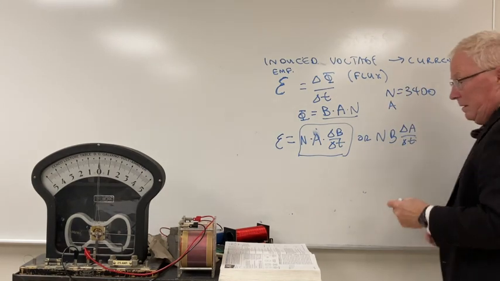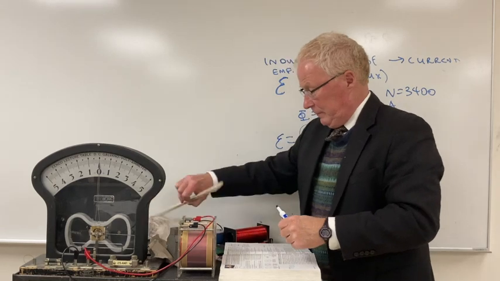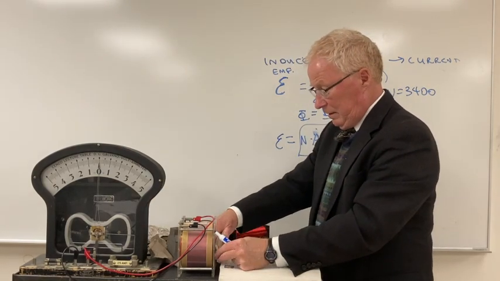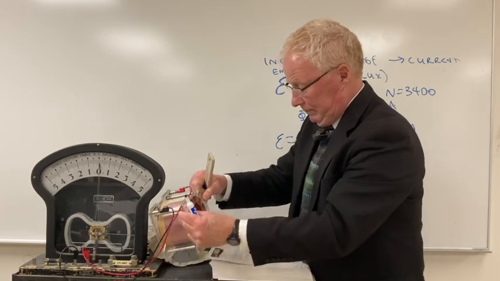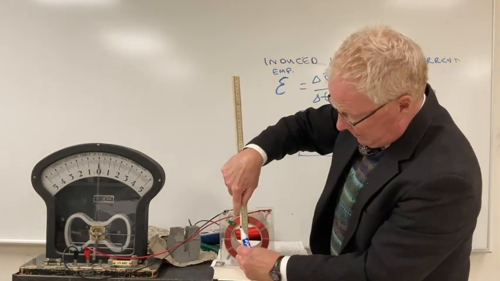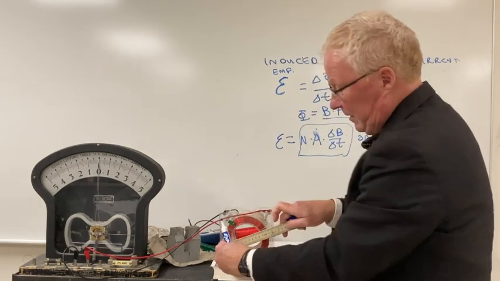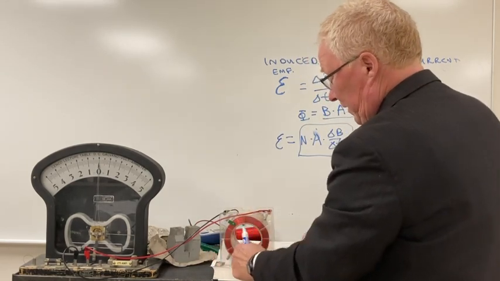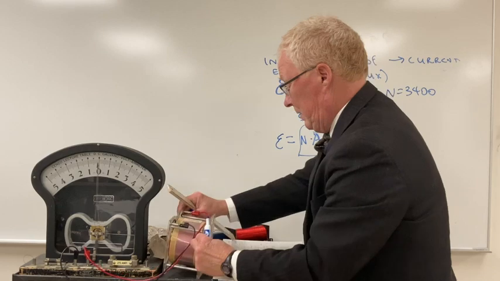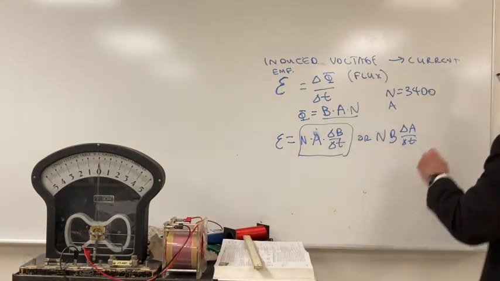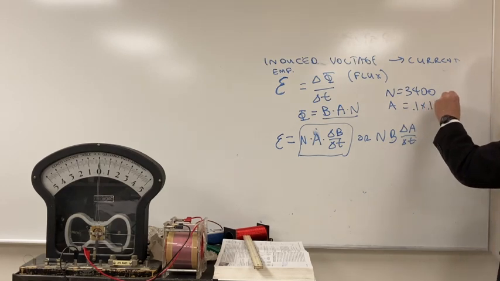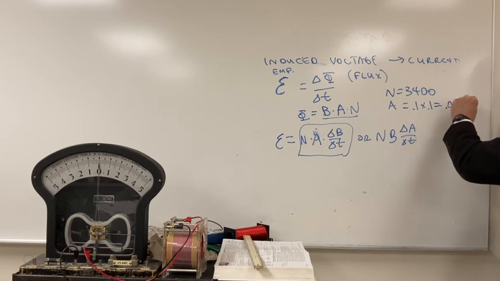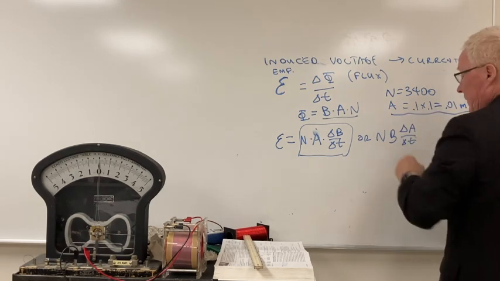A is approximately 10 centimeters by 10 centimeters. So I'll take this to be a square. So the area A is 0.1 times 0.1, which is 0.01 meters squared. All right.